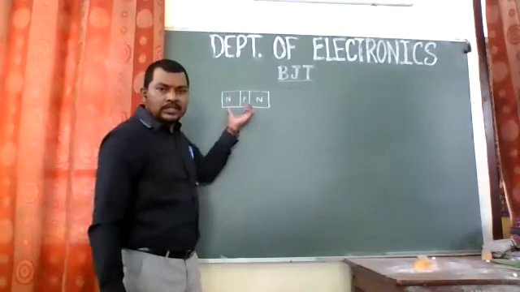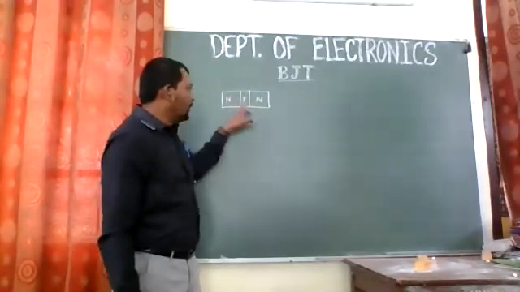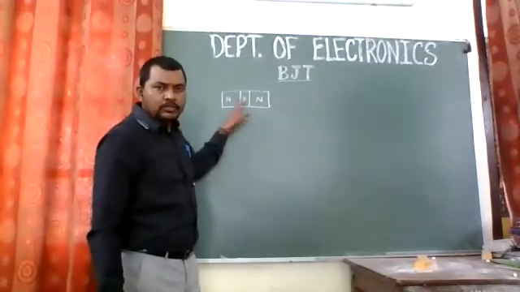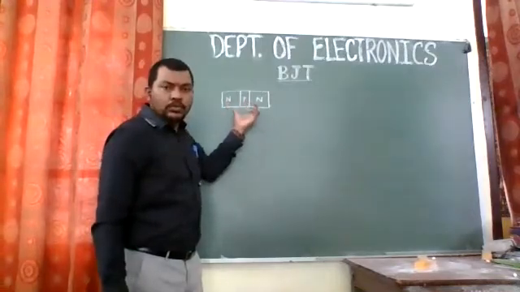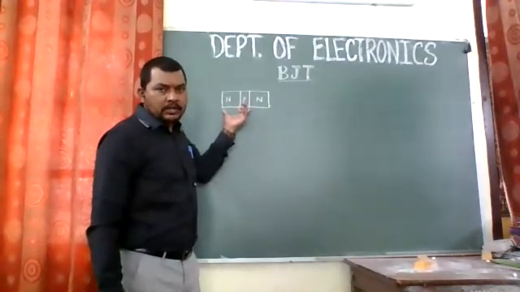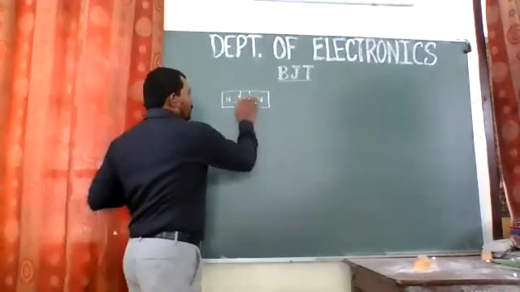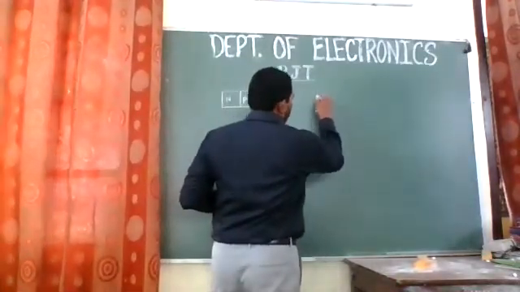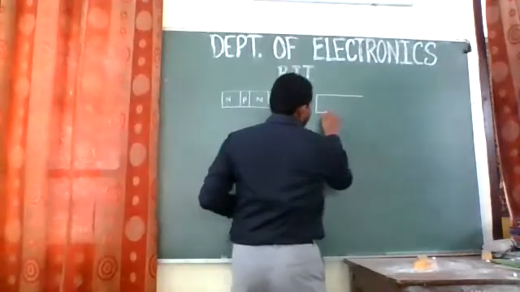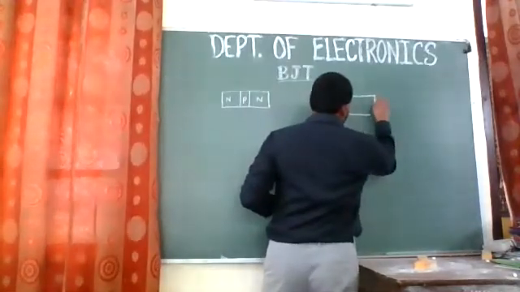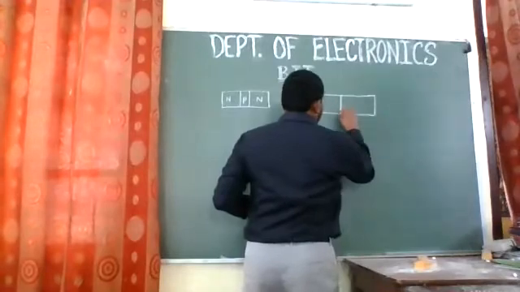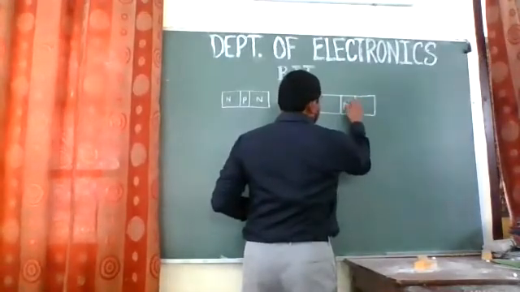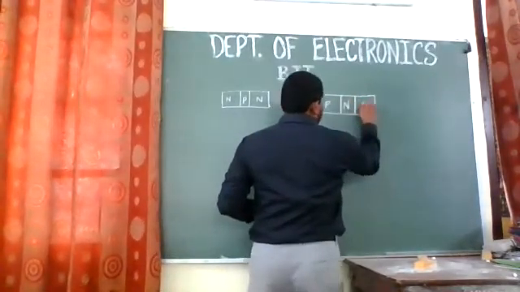So we are having a P-type semiconductor which is sandwiched between two N-type semiconductors. We can have another form also, where we might be sandwiching an N-type semiconductor between two P types.